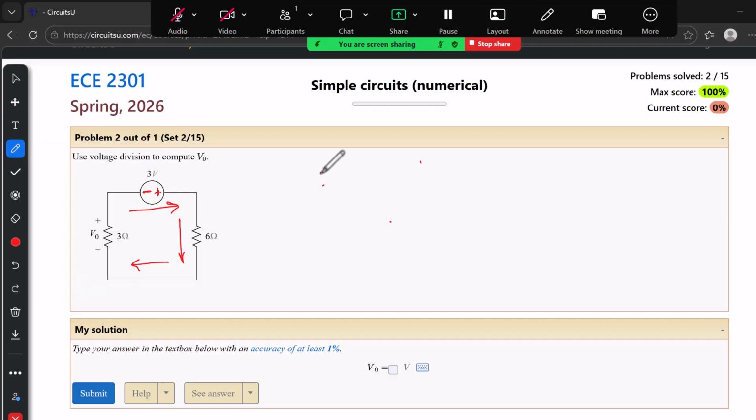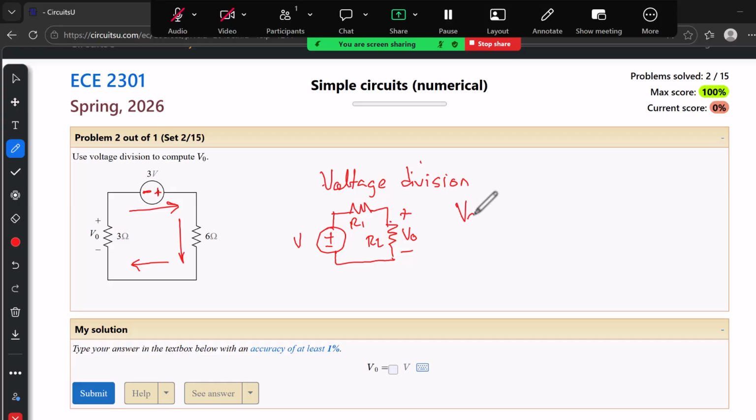So remember the voltage division formula. Voltage division is a canonical circuit, canonical meaning that it's almost like a law, in which you have a circuit with a voltage and two resistors, R1 and R2. Let's say you want to take the voltage across R2.